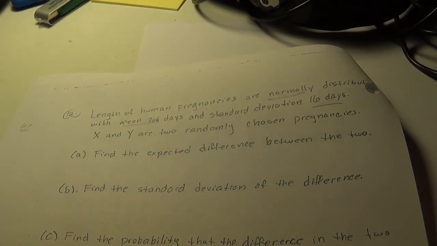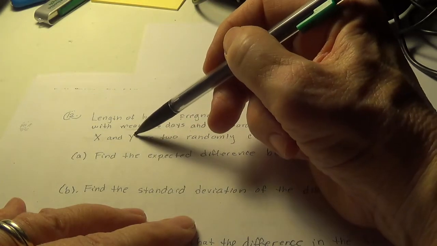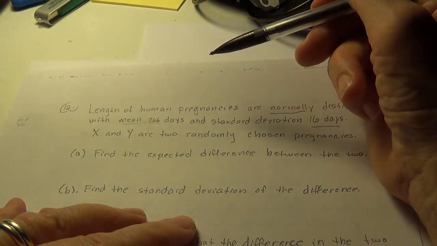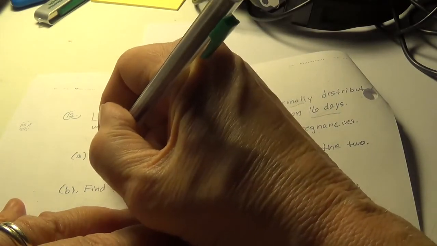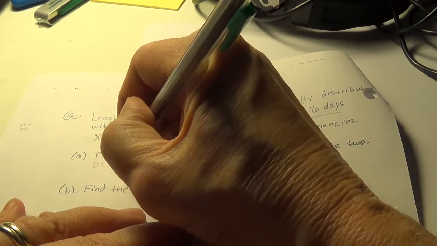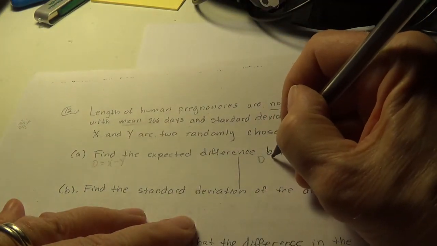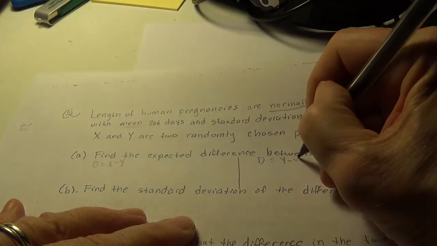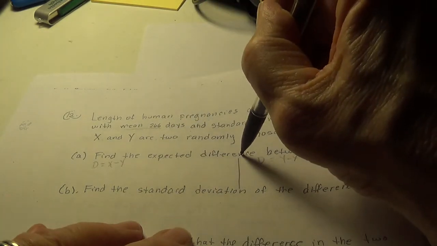This one's a little tricky because it doesn't tell you if they want X minus Y or Y minus X. So we're going to have to do both. I'm going to find the difference as X minus Y on this side, and over here I'm going to find the difference as Y minus X, because it didn't say. It just said find the expected difference.